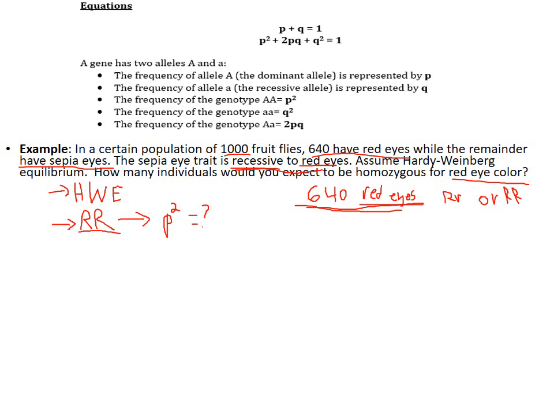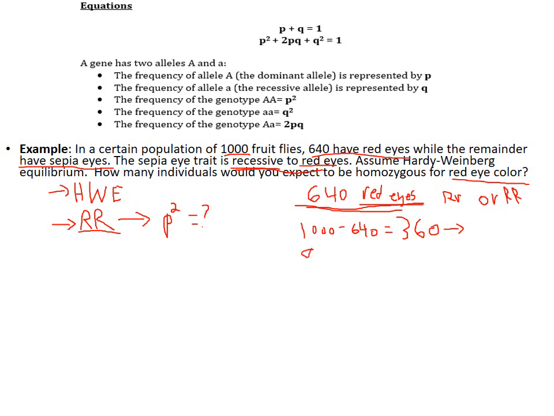So how many individuals have the recessive trait? Well, that's simply 1,000 minus 640. And so you get 360. 360 individuals have the recessive characteristic. And you can actually figure out Q squared at this point.